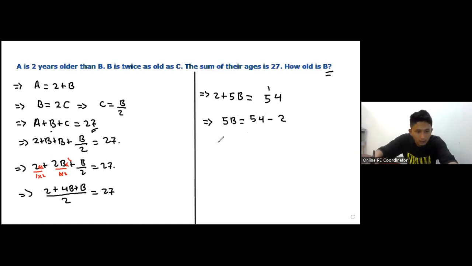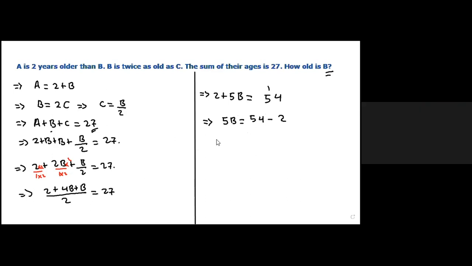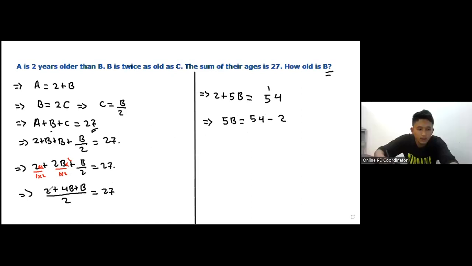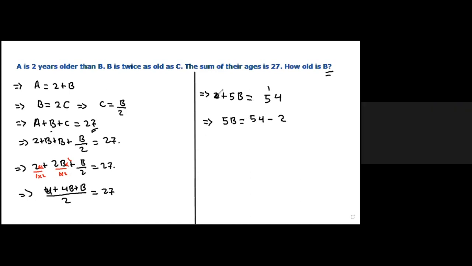Is it like this? I think I made a mistake. 2 into 2, 2 into 2 is 4. Okay, this has to be 4. Thank you for correcting. Yes, this has to be 4.